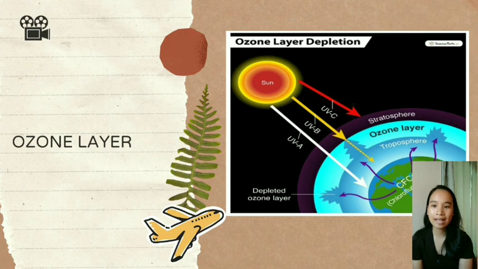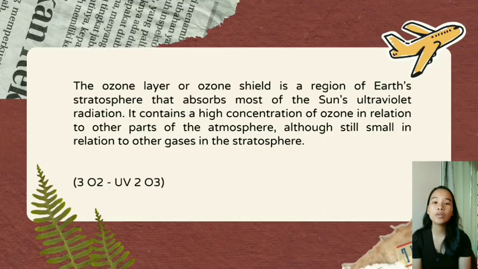And now let us discuss what the ozone layer is. The ozone layer or the ozone shield is a region of Earth's stratosphere that absorbs most of the sun's ultraviolet radiation. It contains a high concentration of ozone in relation to other parts of the atmosphere, although still small in relation to other gases in the stratosphere.